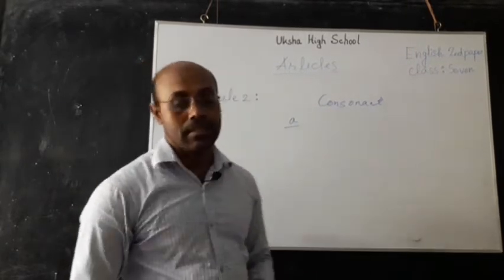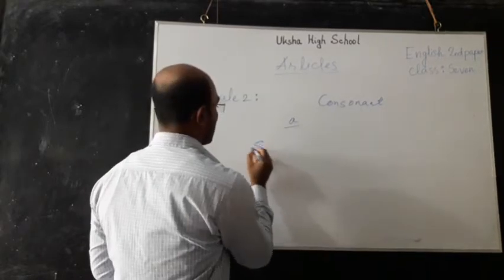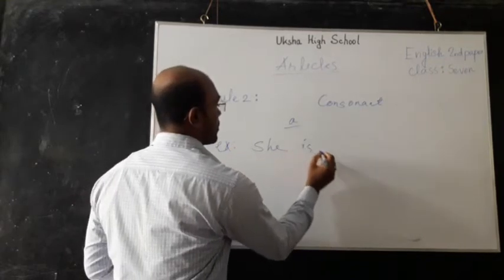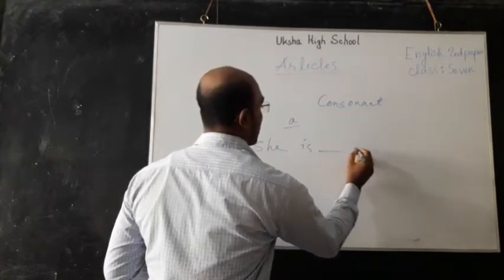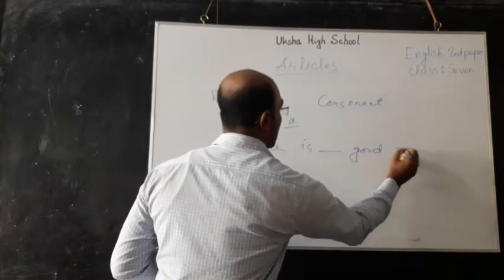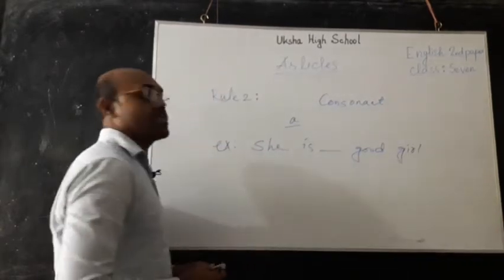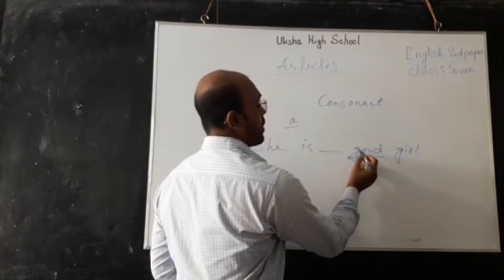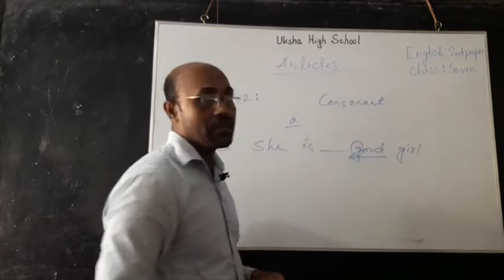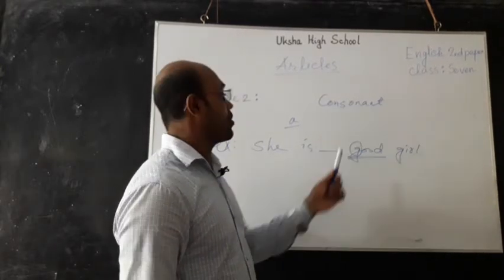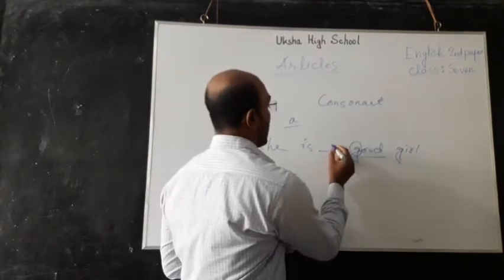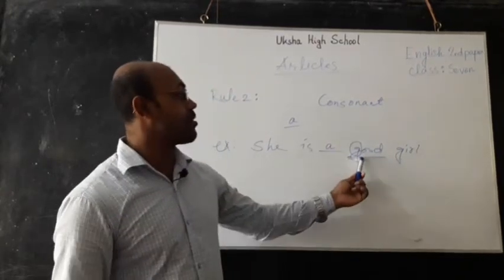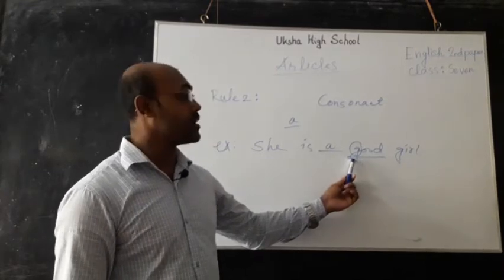I am giving an example. She is a good girl. Look at the word, dear students. Good. Here, this word begins with G, that means a consonant. So you have to write a here.